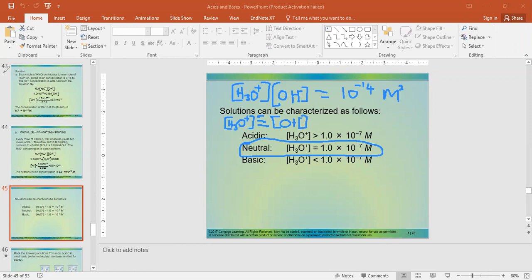Are we together there? Yes. Now, if they are equal, then in this equation, instead of writing the hydronium, I can write the hydroxyl ion, because in a neutral solution, they are equal, isn't it?